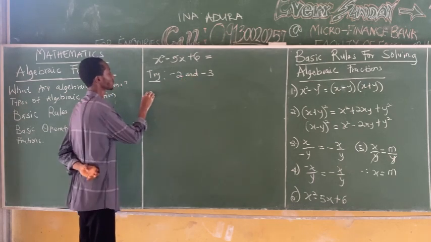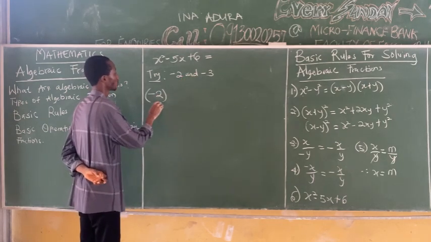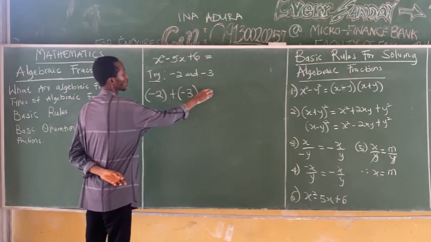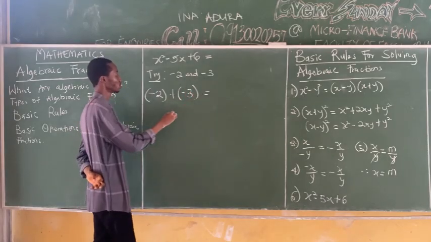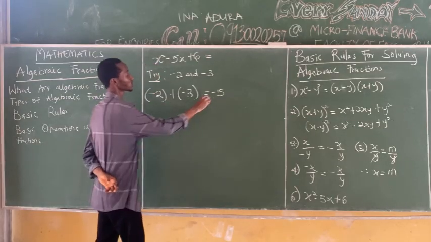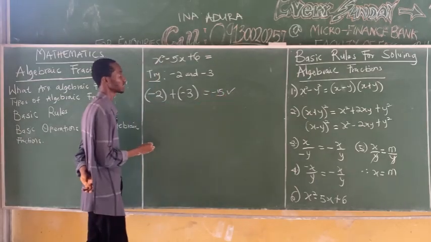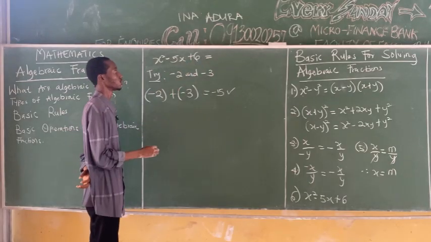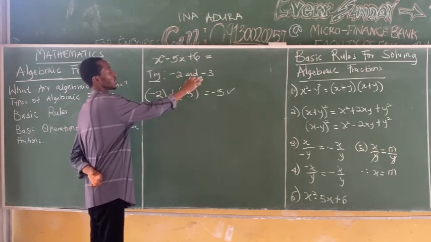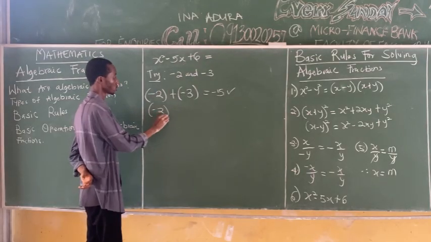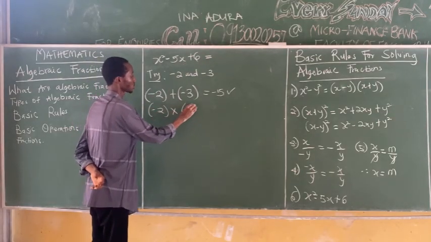So if you have minus 2 plus minus 3, that will give us what? Minus 5. So the first condition is satisfied. Let's check if it satisfies the second condition, whereby we multiply them together. It's going to give us 6. We have minus 2 times minus 3.